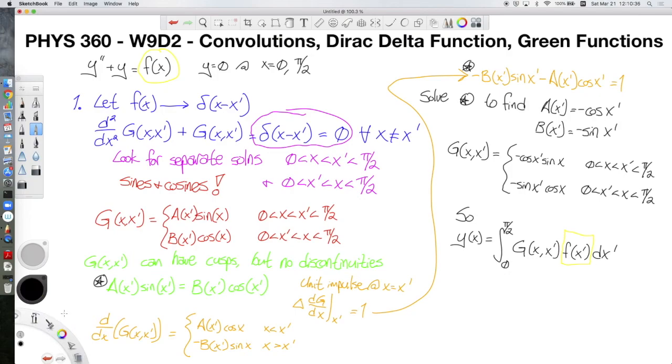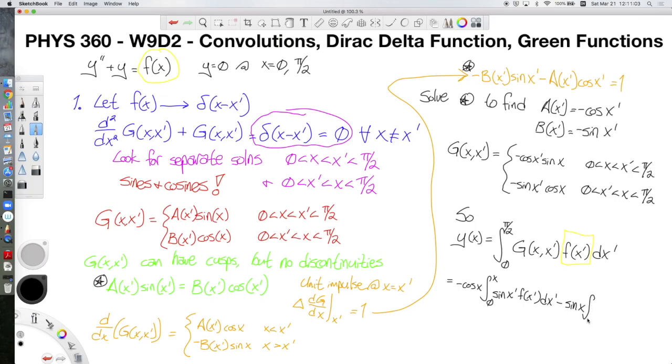So, writing this full integral out, it would be negative cosine of x times the integral from 0 to x of sine of x prime, f of x prime, dx prime, minus sine of x times the integral from, let me double check something here.